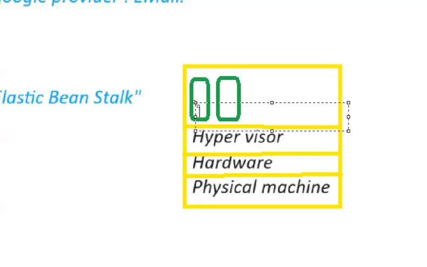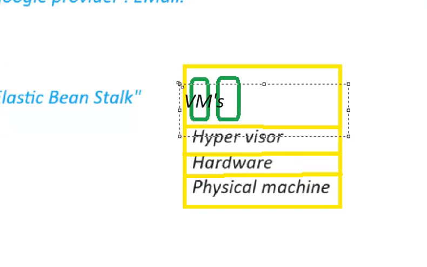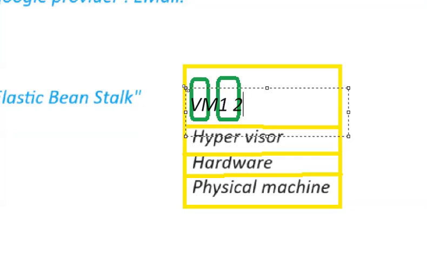We have virtual machine 1, virtual machine 2, VM1 and VM2, and so on, like that. Many VMs, based on the capacity of the physical machine, are present in this physical machine. In this physical machine, we have hardware, hypervisor, and multiple virtual machines.